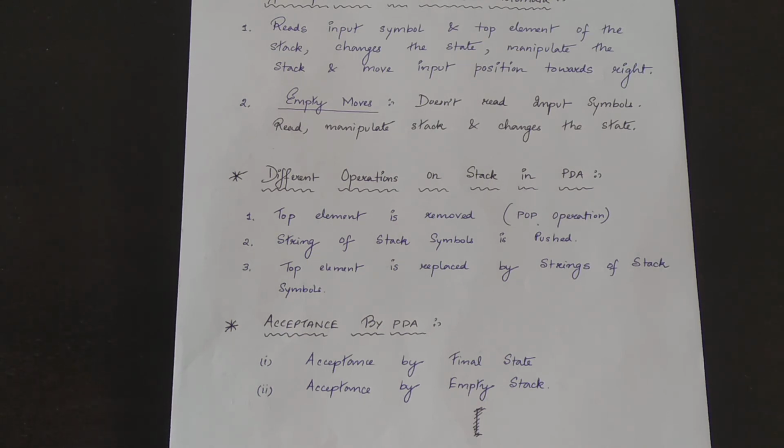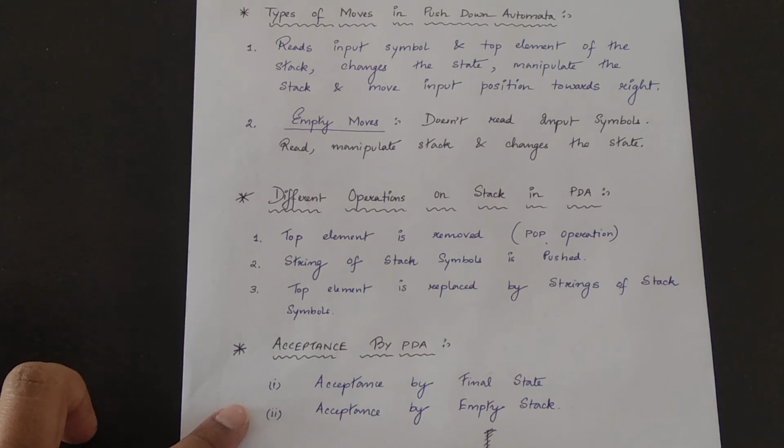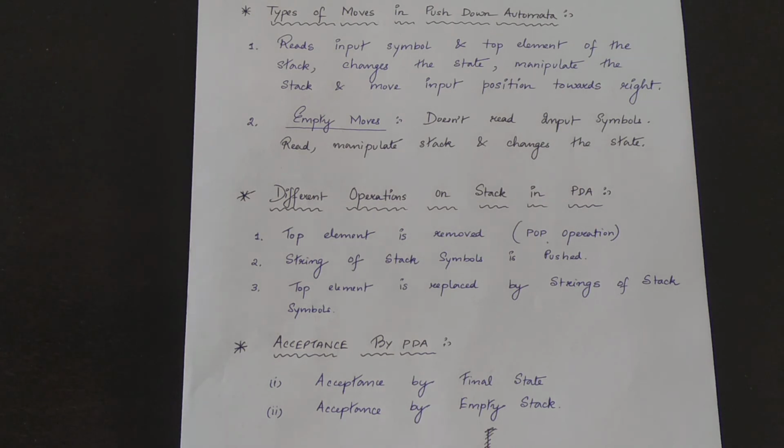We have also gone through the graphical notation of a pushdown automata. Then we took an example and I showed how to construct a pushdown automata from a language, that is 0 to the power n, 1 to the power n, correct? And we have discussed these three topics: types of moves, different types of operations on stack, and acceptance by PDA. But this topic we will learn in lecture number 3.